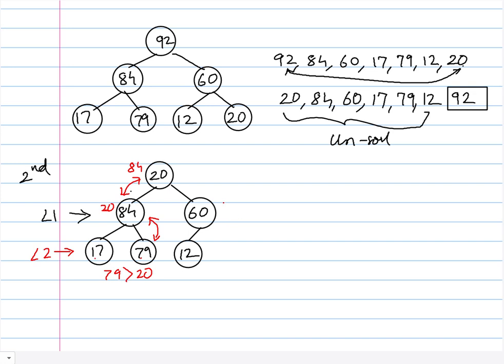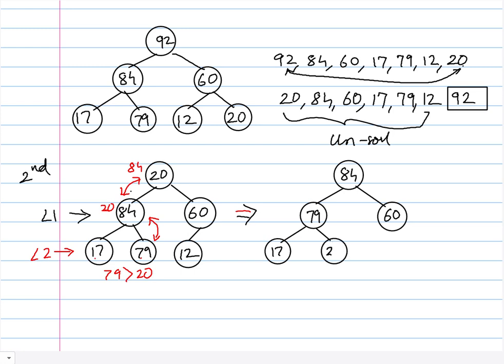At the end of the second pass, the max heap will have 84 at the root, 79 to the left, 60 to the right, then the remaining elements 17, 20 instead of 79, and then 12.